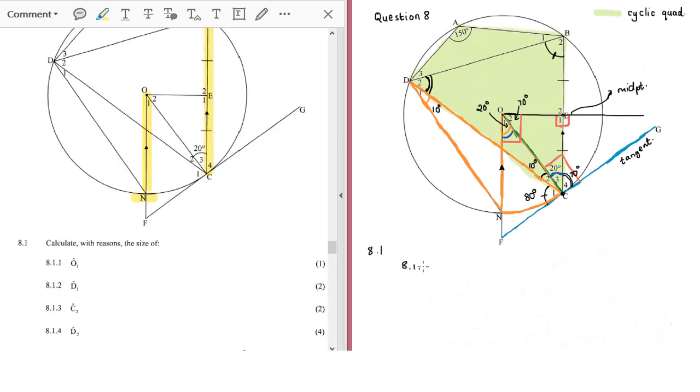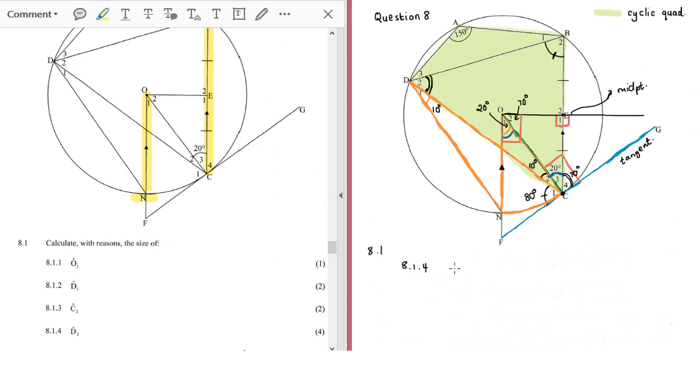Question 8.1.4, we now need to calculate the size of angle D2. So angle D2 is this angle all the way up here. We connected this angle to angle C4, and we calculated the size of angle C4 using the relationship between the radius and the tangent. So that's where we need to start off.